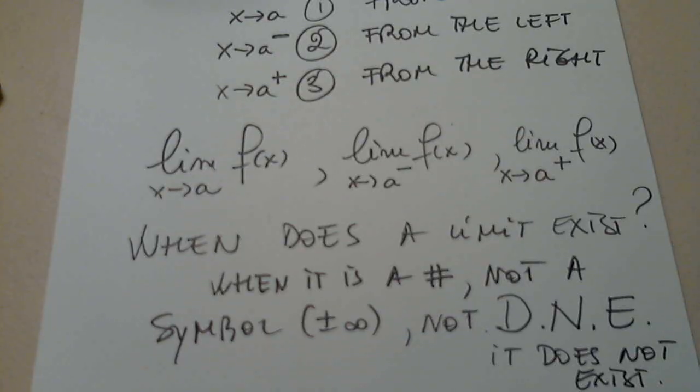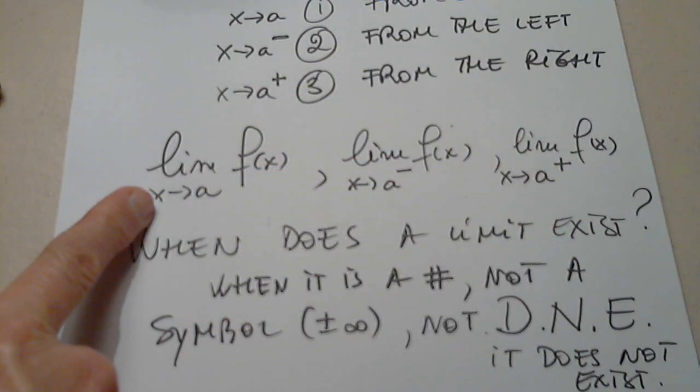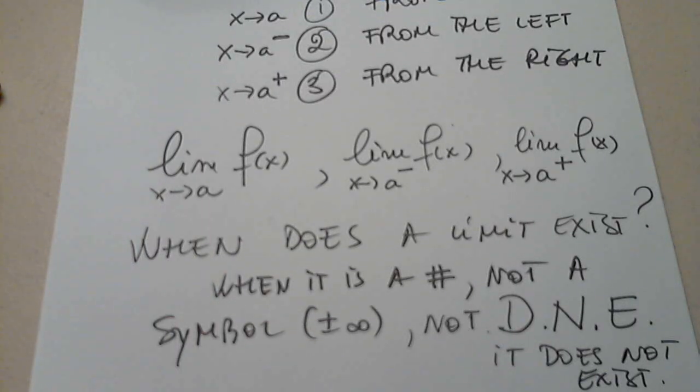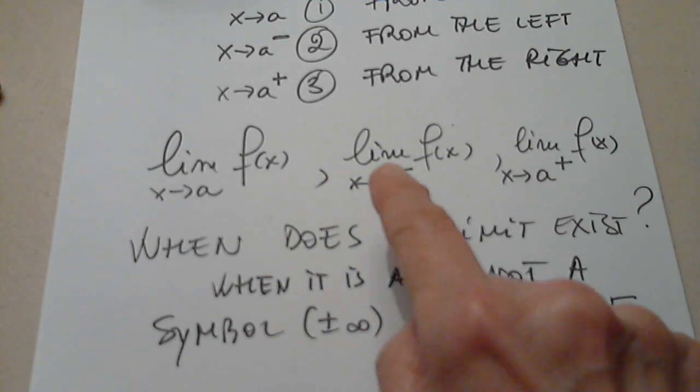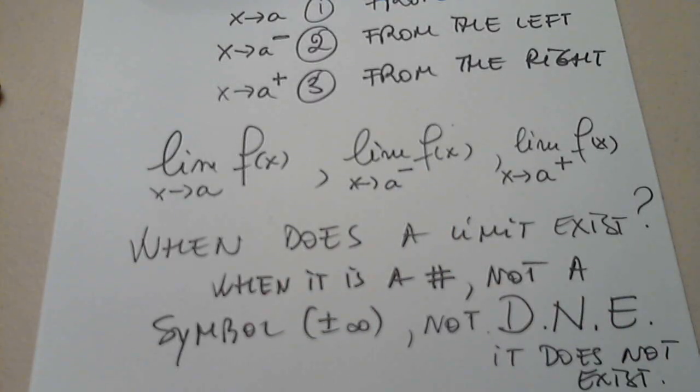So I say the function has a limit as x approaches a from either side if I can give you that number, and I say 5 or 15 or negative 100. Limit of f of x as x approaches a from the left exists if I can tell you it's 5, it's 15, it's 29.